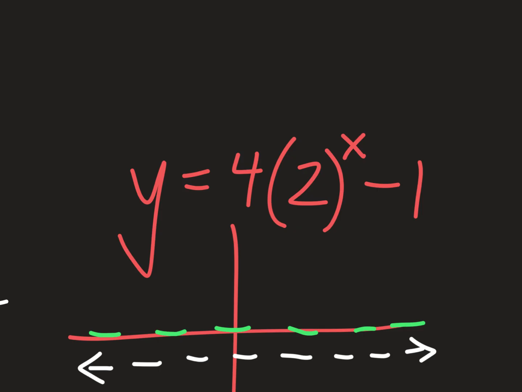Now, one last one on graphing. Can you just find me 2 points on this one? That is not enough really for a test, but let's just make it faster. Find me 2 points that would be on this graph.